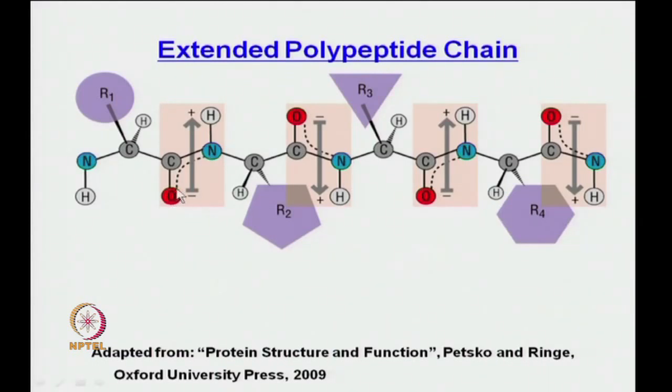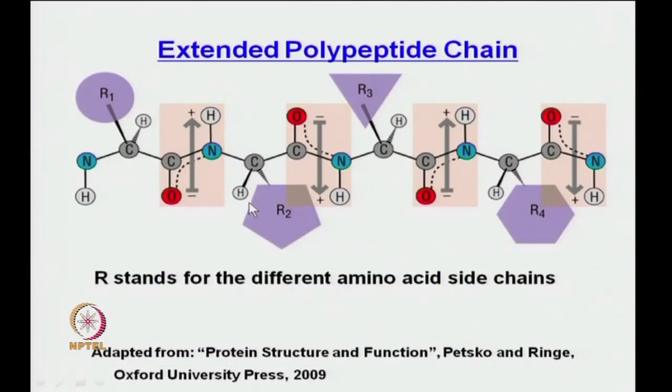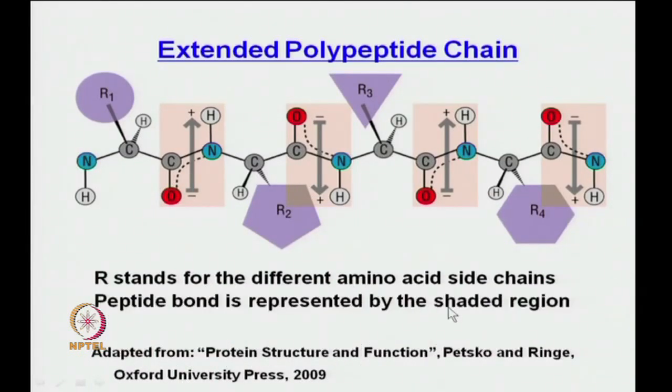As it says, R stands for the different amino acid side chains, and the peptide bond is represented with a shaded region. This shaded region is essentially a plane which contains the peptide bond. You can see it here, here and here. So, there are 3 peptide bonds here, and the last amino acid is making another peptide bond.